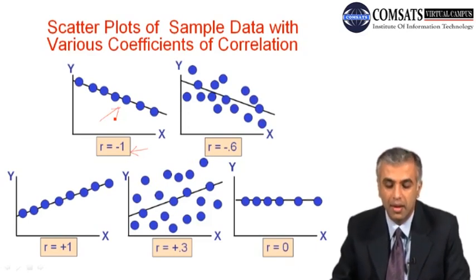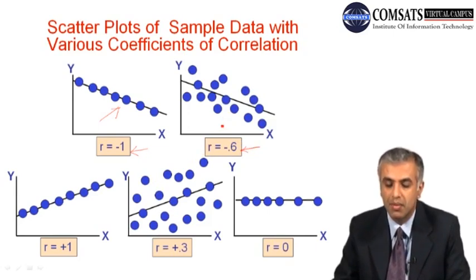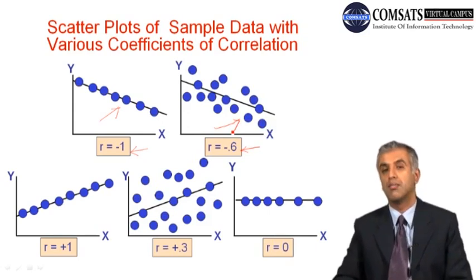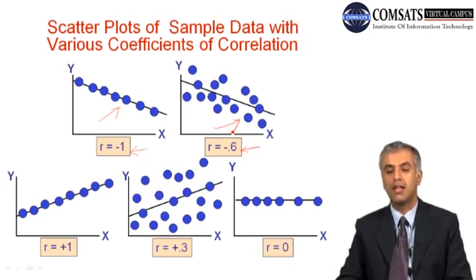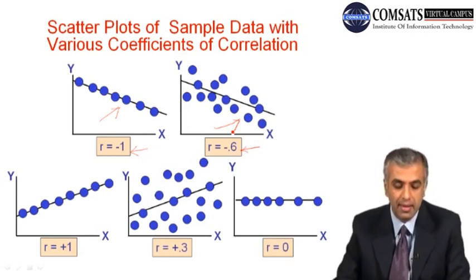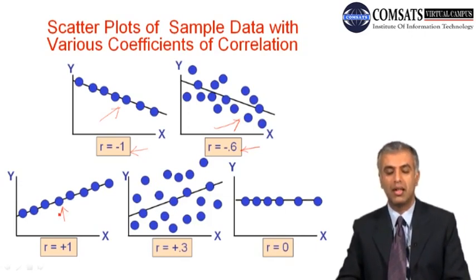Similarly, here if we are observing R as -0.6, then it should give us a more scattered version of the dots as shown here, and all the dots are not exactly on the line, and there is a presence of errors there, so that's why R is -0.6 here. On the other hand, if we take the ideal situation in which R is +1, then we have an exact line of data values being portrayed here.